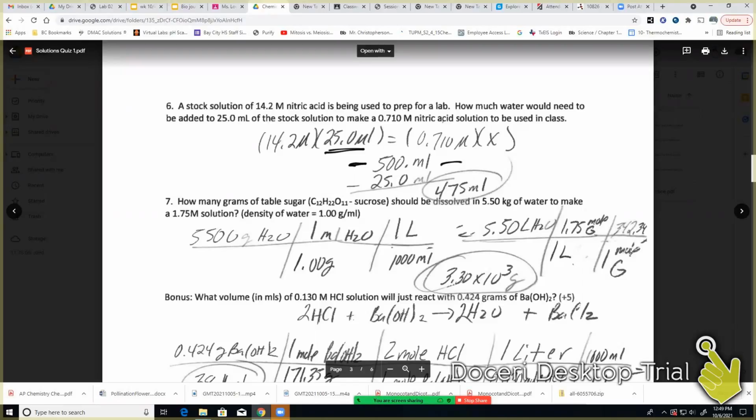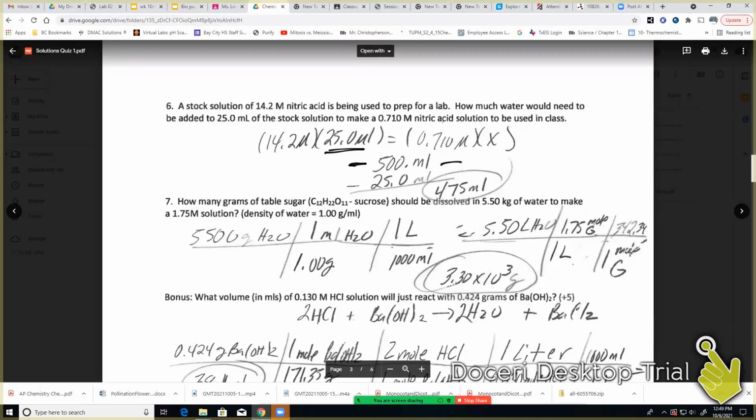All right, so this one: how many grams of sucrose should be dissolved in 5.5 kilograms of water to make a 0.175 molar solution? So once again, I'm going to have to somehow get to my moles so I can do that. I gave you the density in case you forgot.